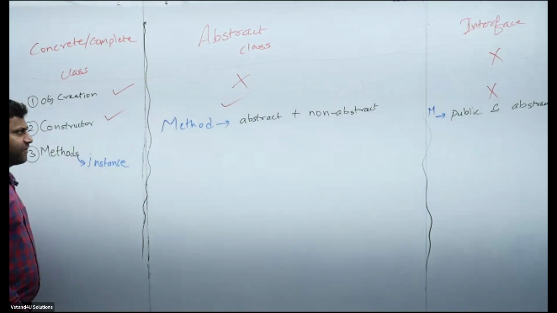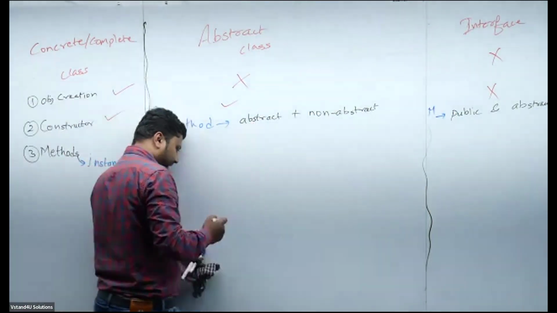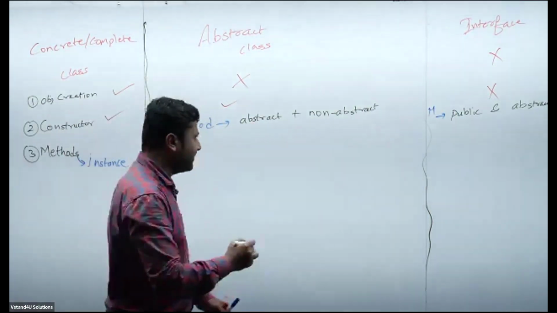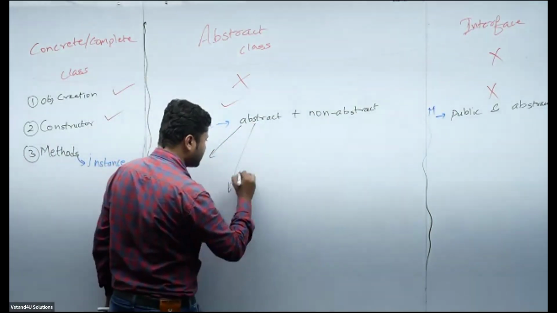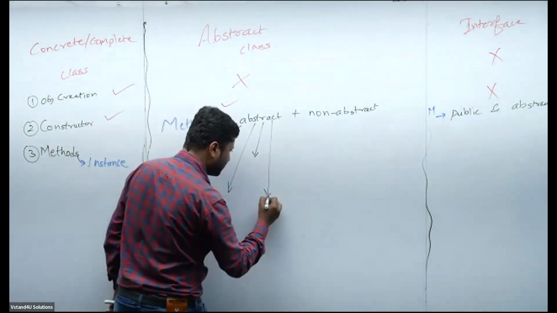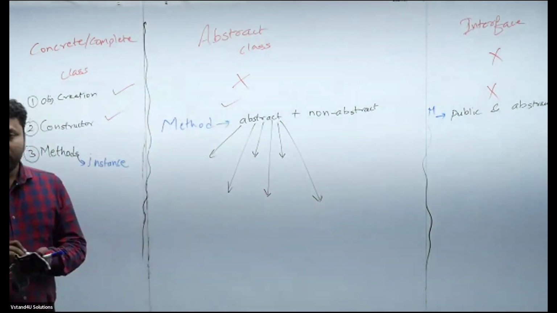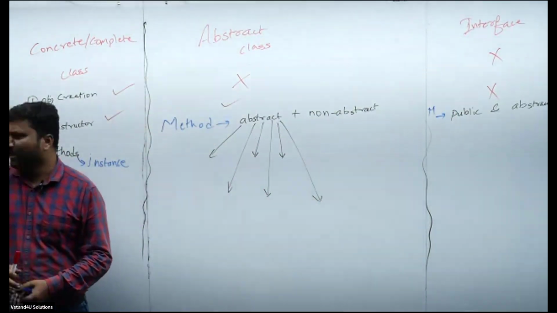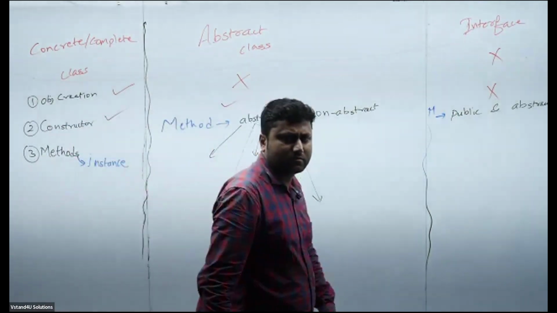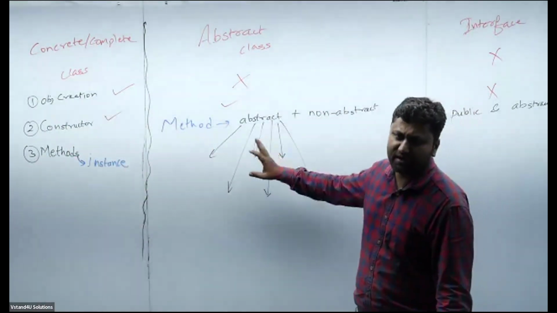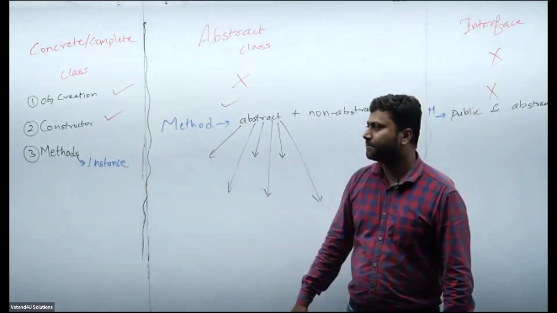If a method is abstract, how many enemies are there for abstract? There's a huge enemy list for abstract. One by one, let me hear all the enemies of our abstract hero.